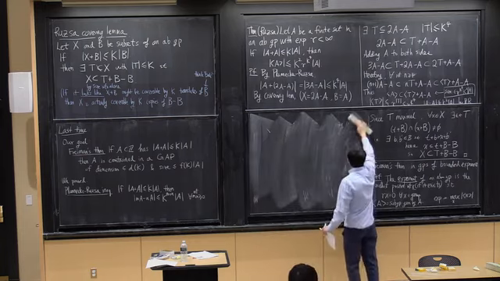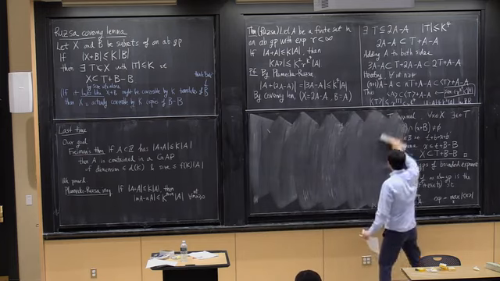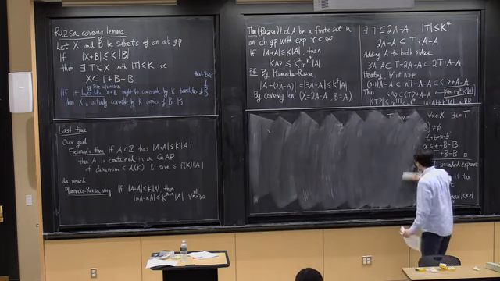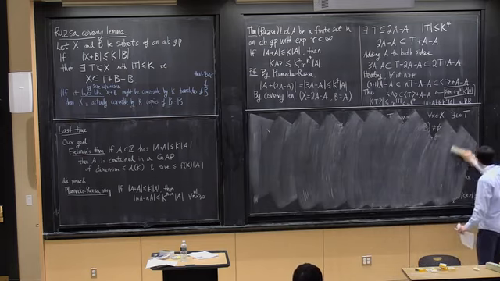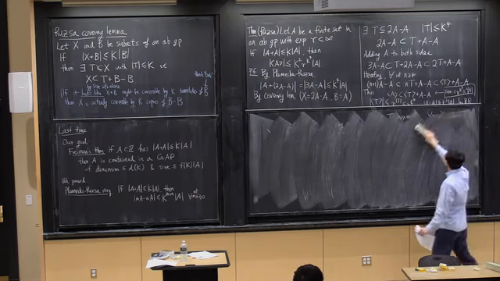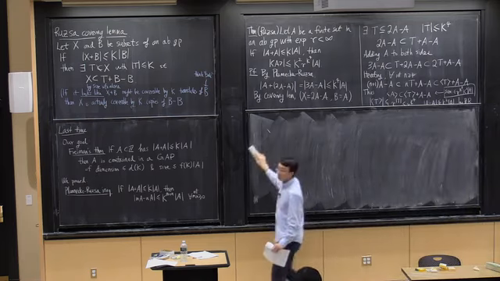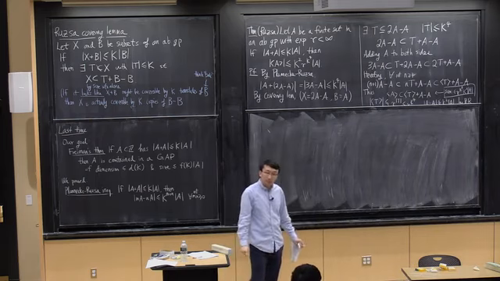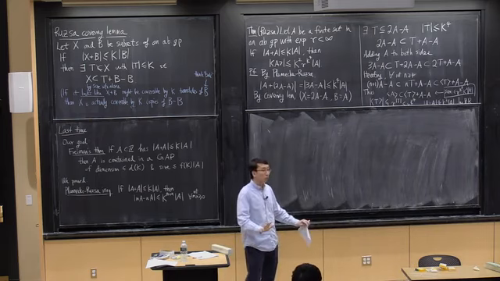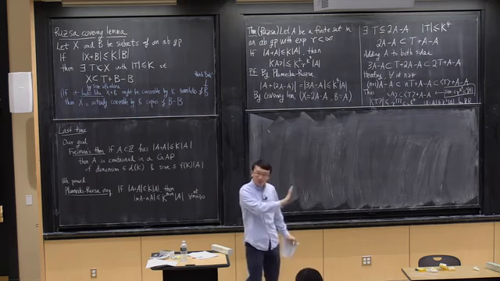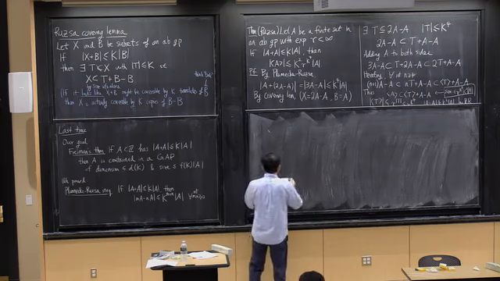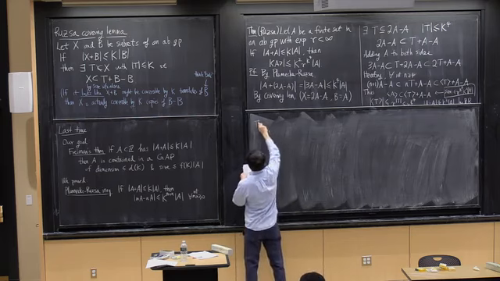When you look at homomorphisms between finite groups, you know that if you have a homomorphism and it's also a bijection, then it's an isomorphism. But that's not true for this notion of homomorphisms.